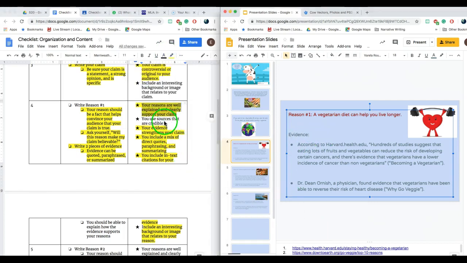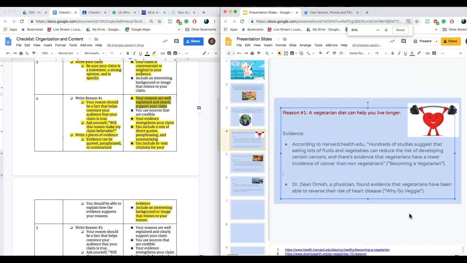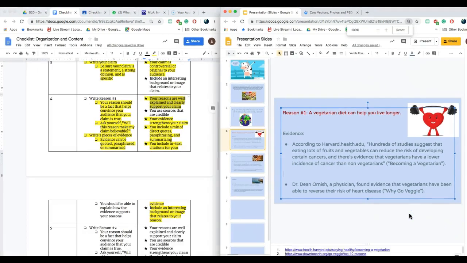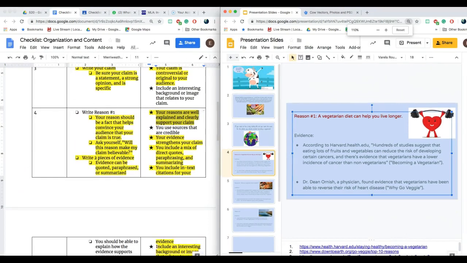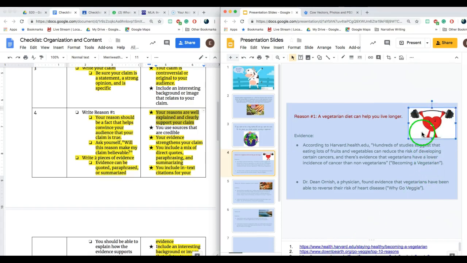Lastly, what I'm looking for is that you use sources that are credible. Anyway, I use harvard.edu, I use a .org, an organization, and then my picture, it's a picture from Google.